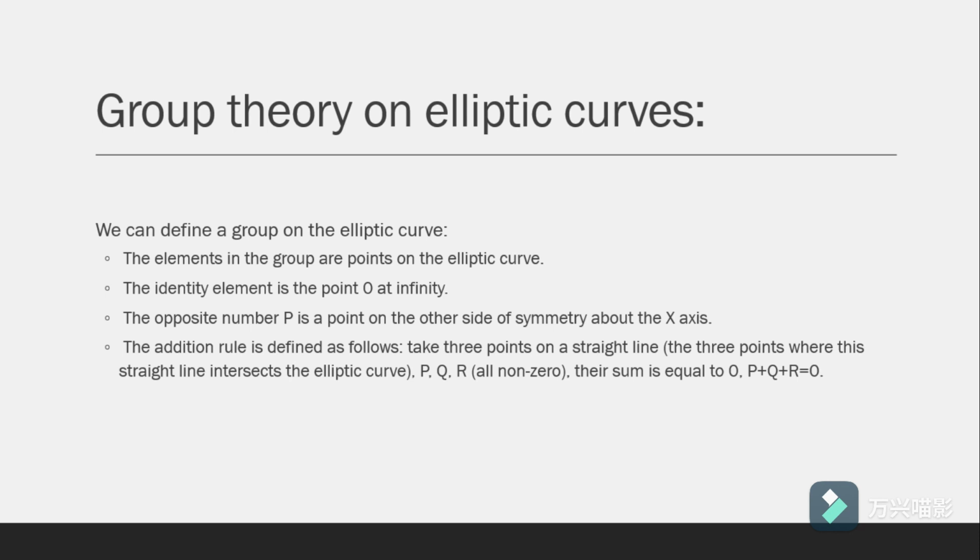Third, the opposite of a point P is the point on the other side of the symmetry about the x-axis. Fourth, the addition rule is defined as follows: take 3 points on a straight line, P, Q, R, and their sum is equal to 0. It means P plus Q plus R equals 0.